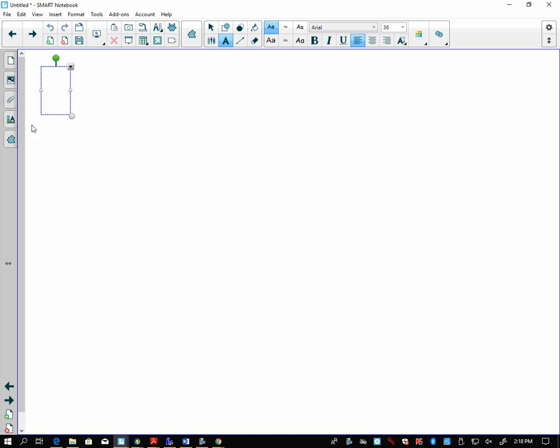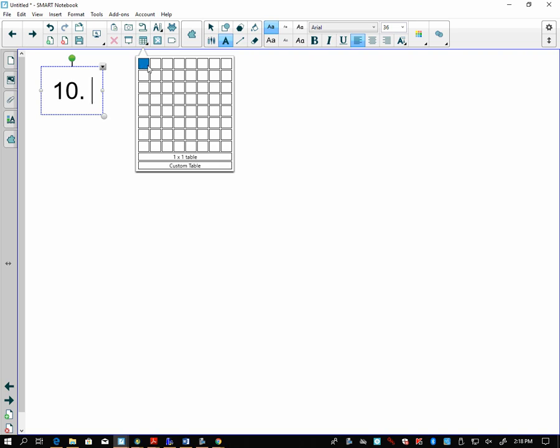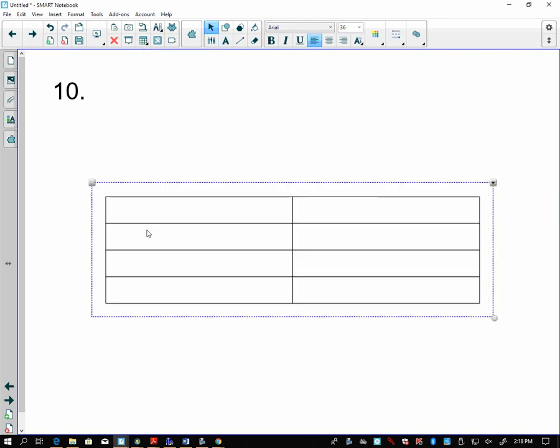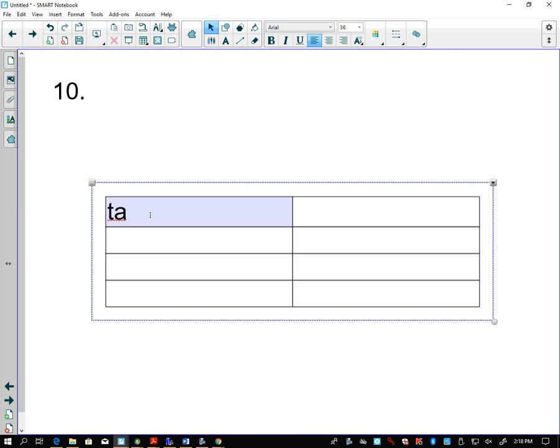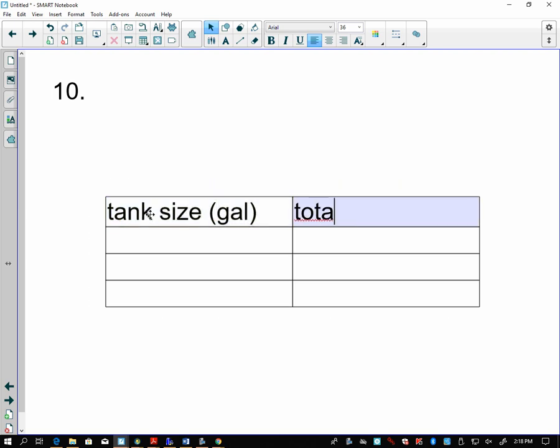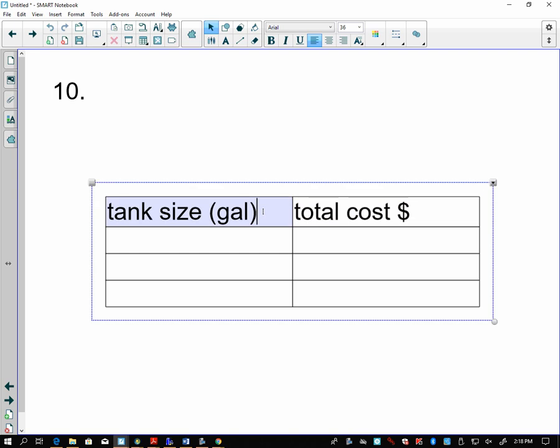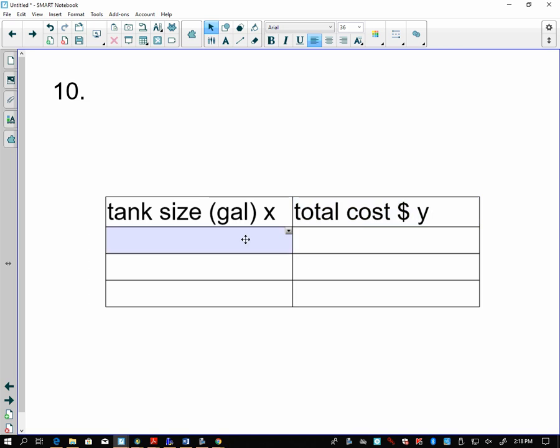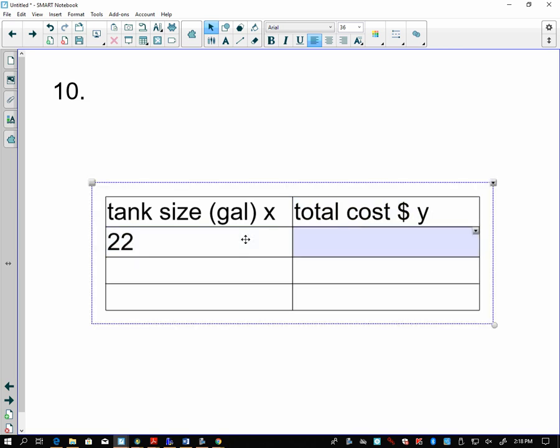Okay? Let's see, 10. Number 10 is going to give you some data. Let's see, 2, 3, 4. Where it's going to say something like tank size in gallons, total cost in dollars, okay? Where this is representing X values, this is representing Y values. Okay, let's say this is 22.